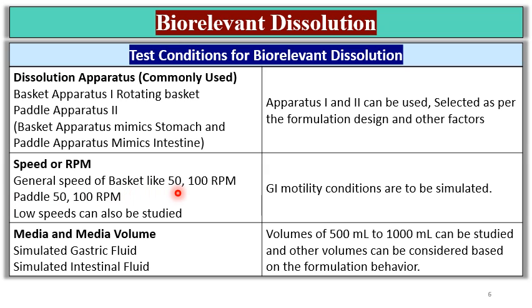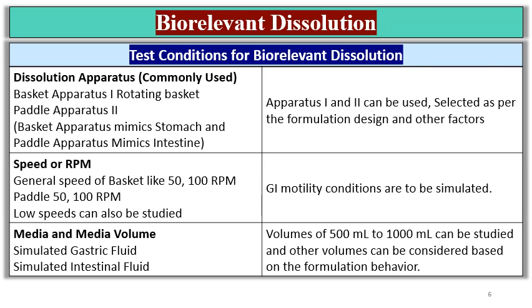General speed of basket like 50 to 100 RPM is taken, and paddle also 50 to 100 RPM is taken. Low speed also can be studied. These are required to mimic the GI motility conditions. Why? Because GI motility conditions are to be simulated for biorelevant dissolution.